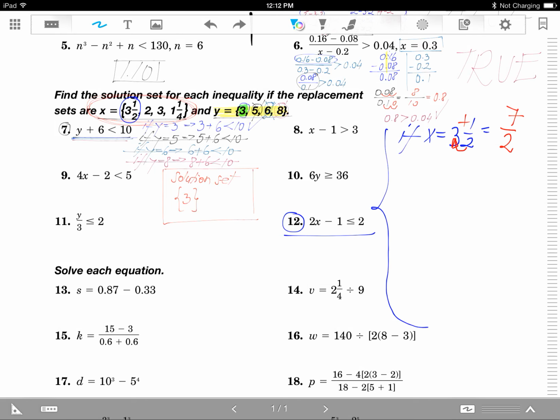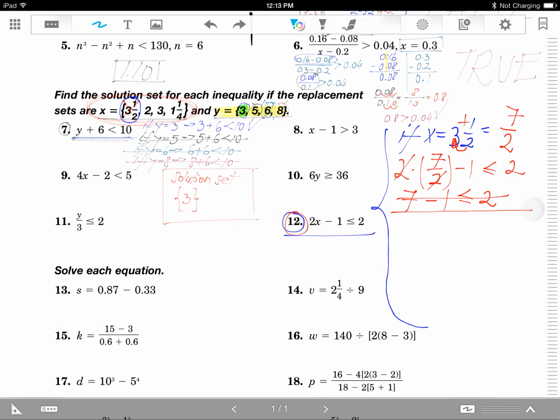So now your expression from number 12 will be 2 times 7/2 minus 1, and that should be less than or equal to 2. Is that true? Well, 2 times 7/2 is going to be 7. 7 minus 1 less than or equal to 2. I don't think so. Which means 3.5 is not part of my solution set.